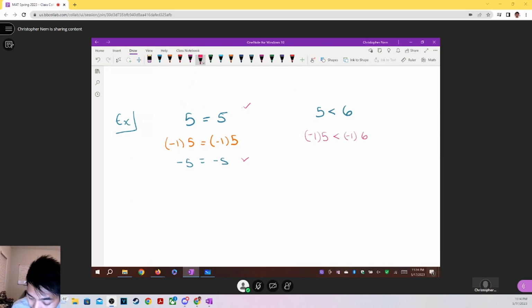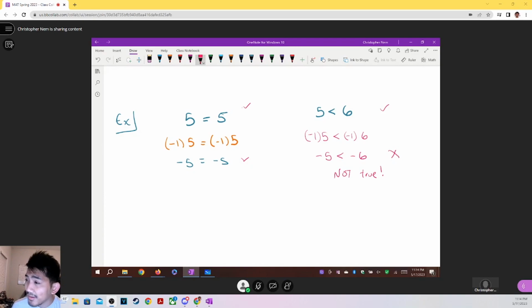This becomes -5 is less than -6. Is that statement true? No, it is not. This is true, but this isn't. Not true. That's an issue. When we multiply by a negative, our results don't become true anymore.